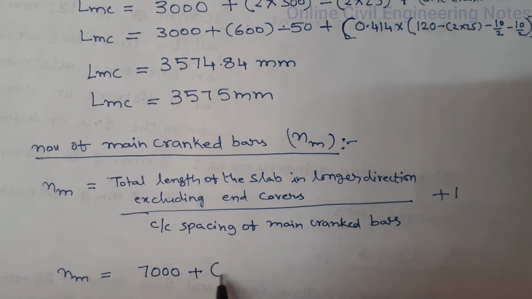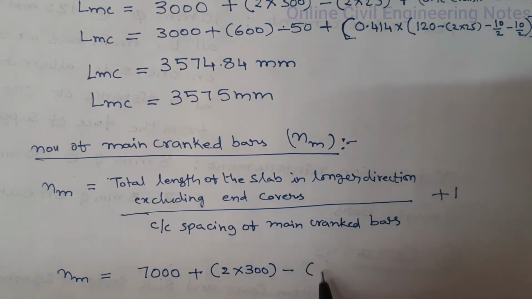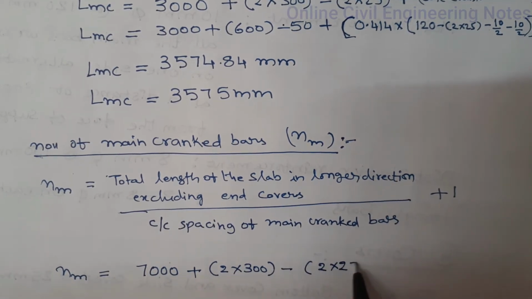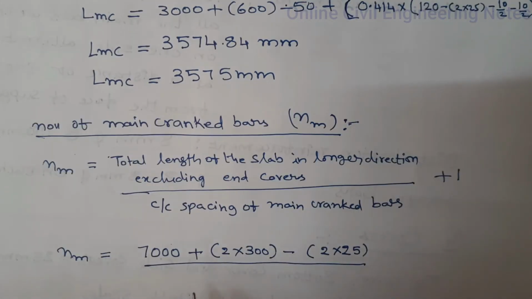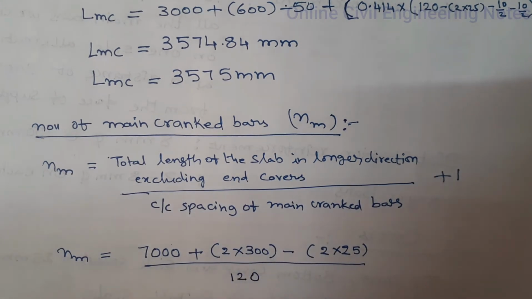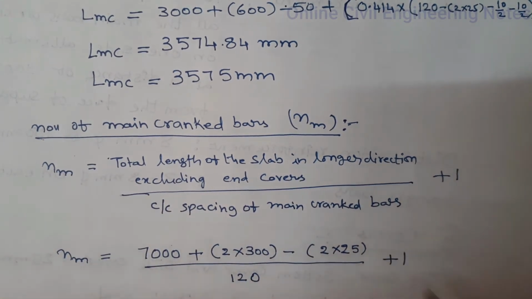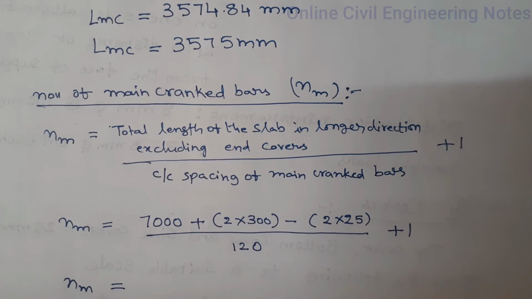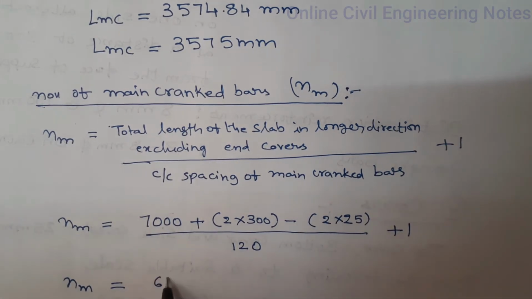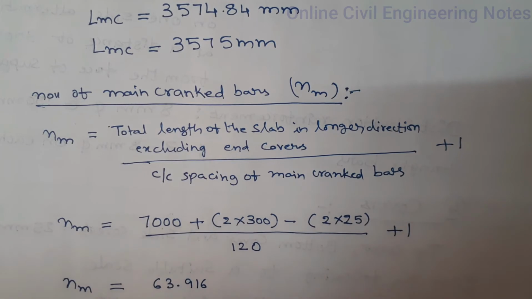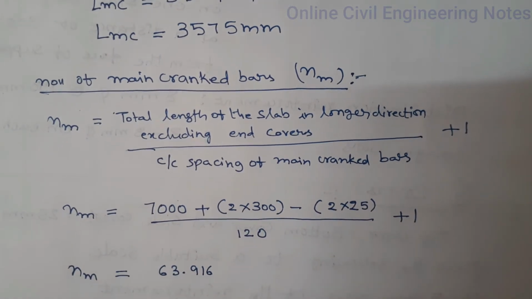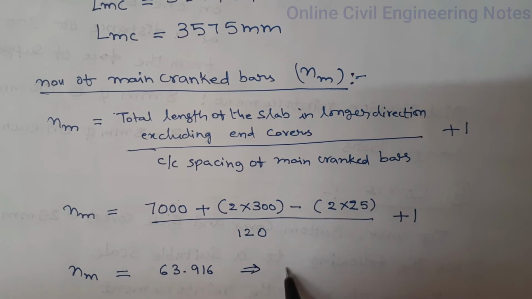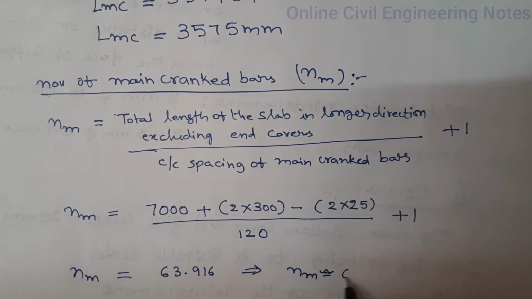That is 7,000 plus 2 times the bearing, minus 2 into 25 end covers, divided by spacing is 120 mm, plus 1. Therefore, number of main cranked bars is 63.916, which is equal to 64.